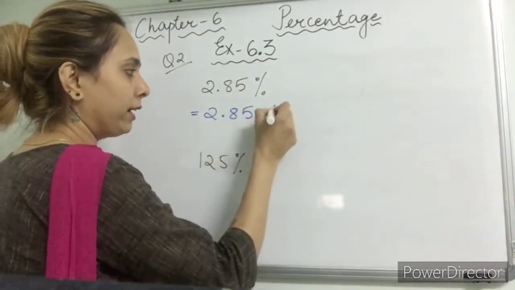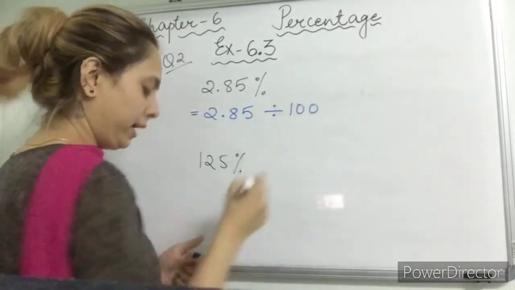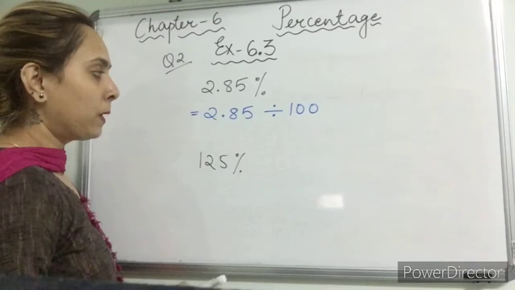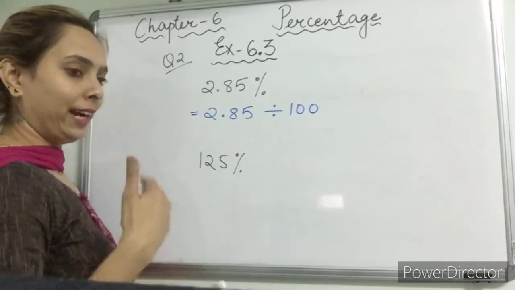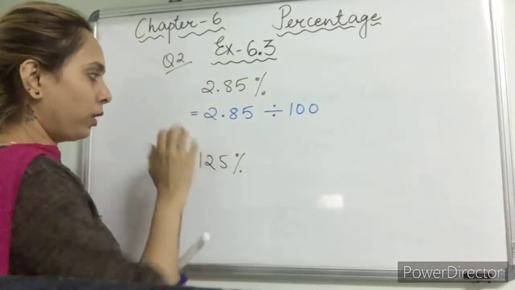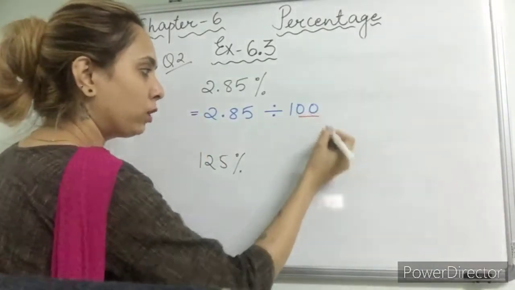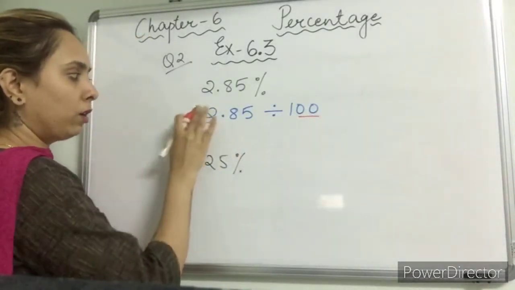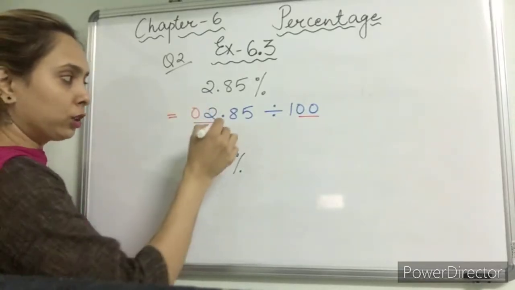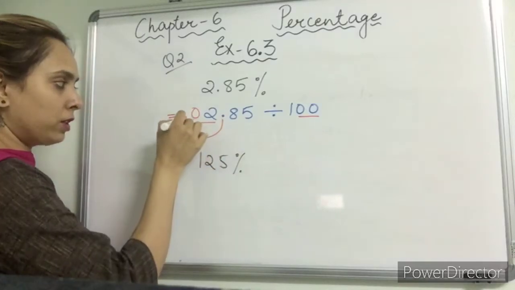2.85 divided by 100. Let's check what answer we get. You can all see that in division the decimal is shifted towards the left side. Here we have 2 zeros, and here we have only one number, so I will put a 0 here so that the decimal will shift here.